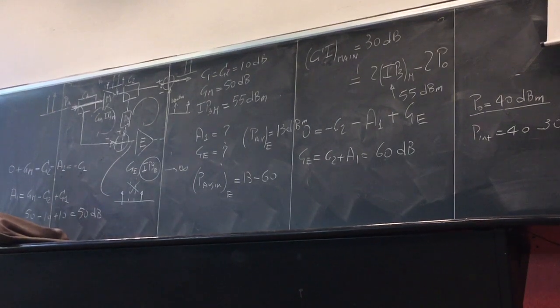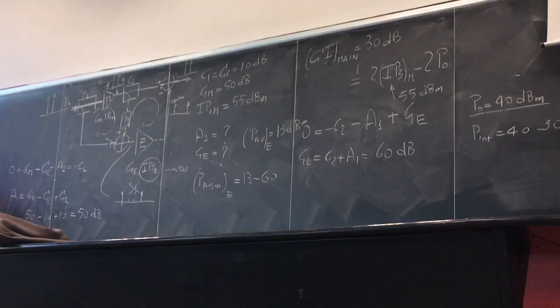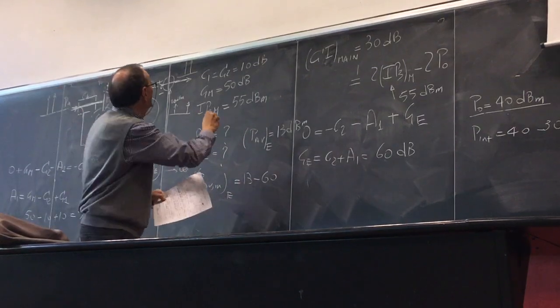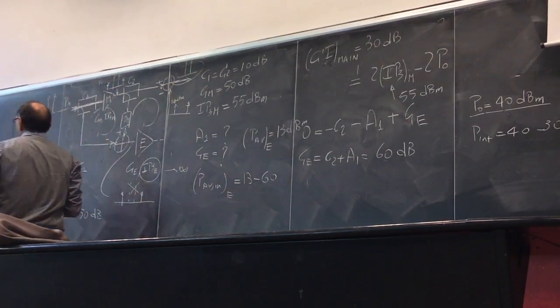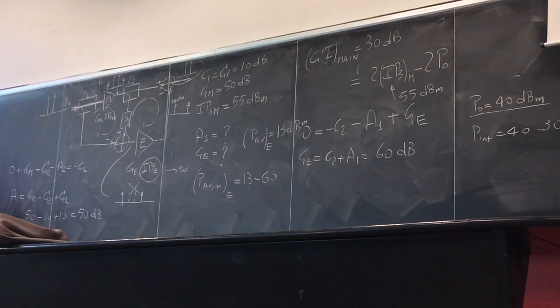Evaluate the IP3 of the error amplifier, which is not ideal, determining the carrier to intermodulation at the output of the feed-forward, so just at this point here, equal to 50 dB, when the carrier to intermodulation of the main amplifier is equal to 30 dB, as we said before.